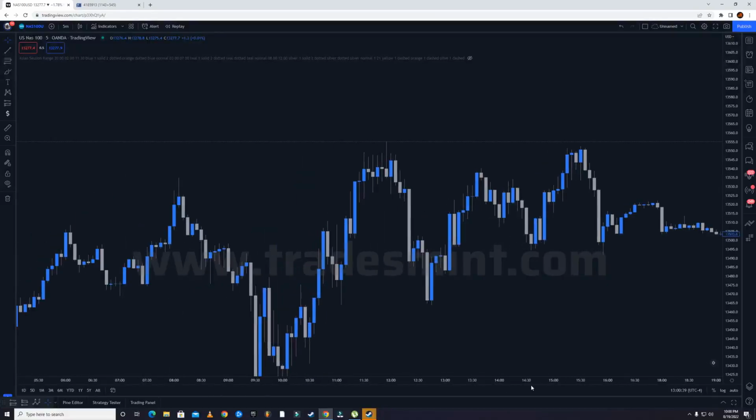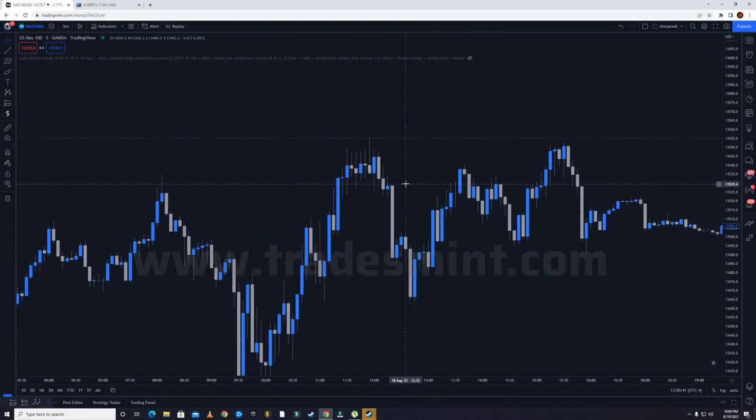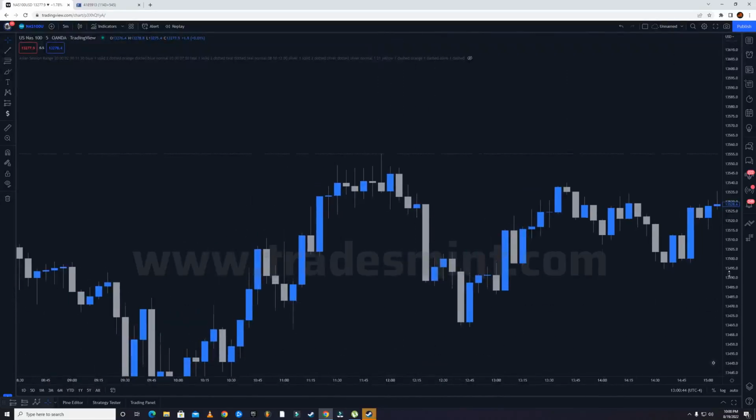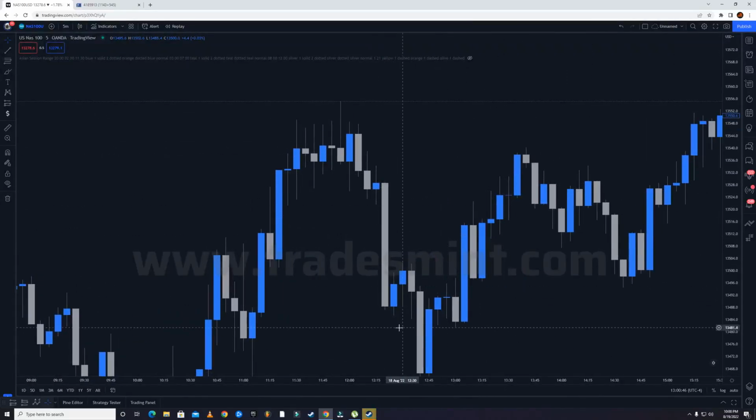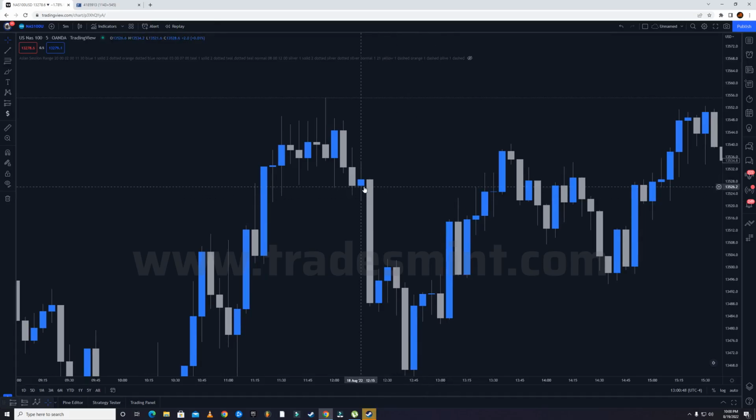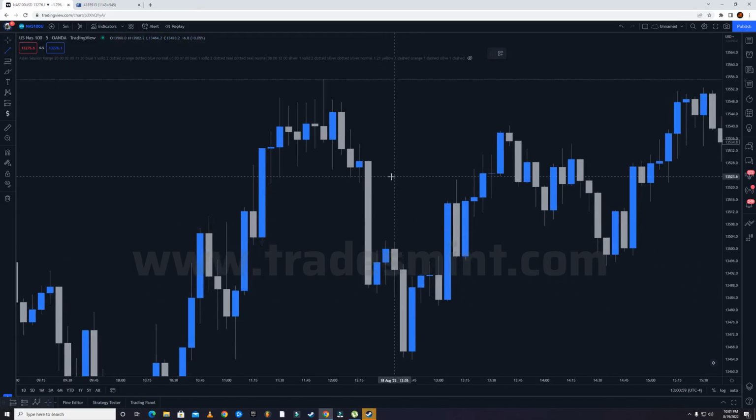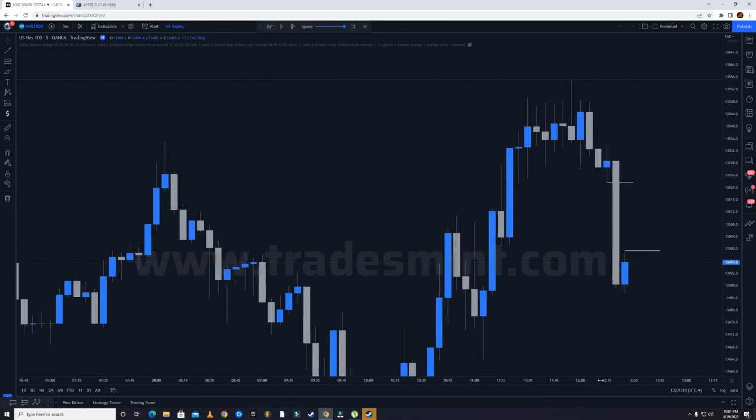All right, so let me give you some examples. Let me zoom in a bit. You can see 1, 2, 3 candles, right? So we're looking at three candles. We got one candle right here, the second candle right here, and the third candle right around here. In between these three candles, we got a fair value gap. Let me go to the replay mode so it's clear for you guys.